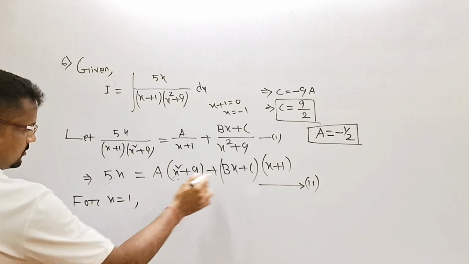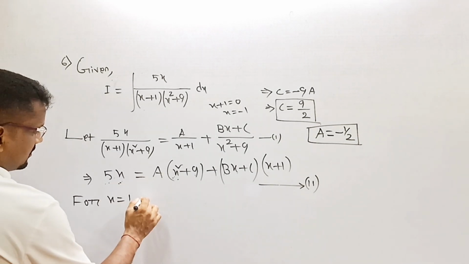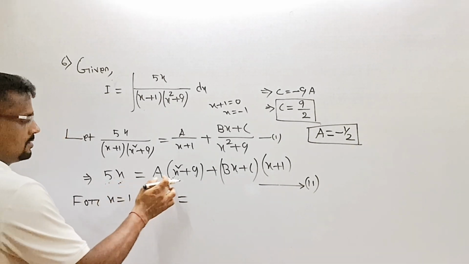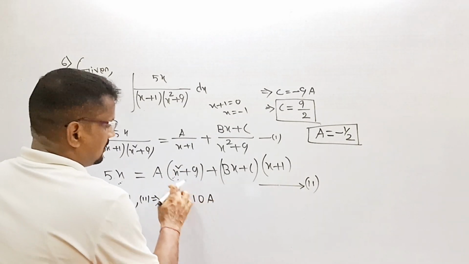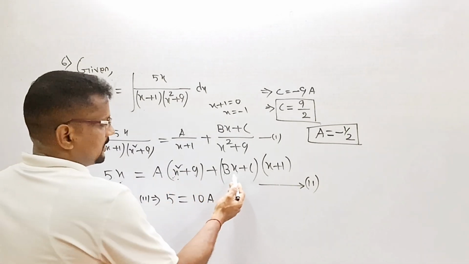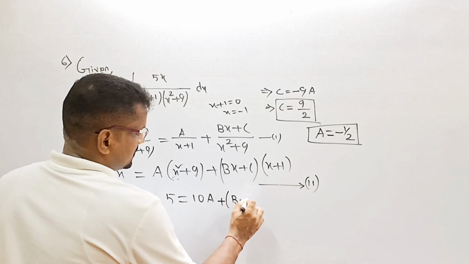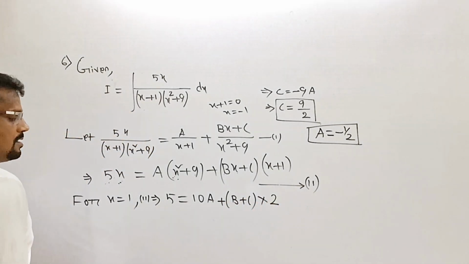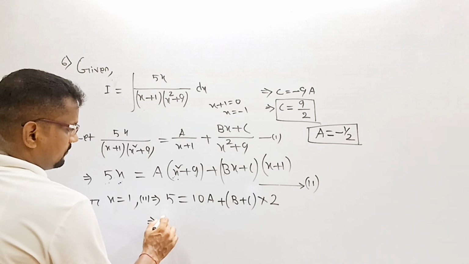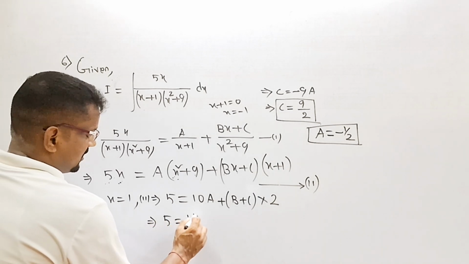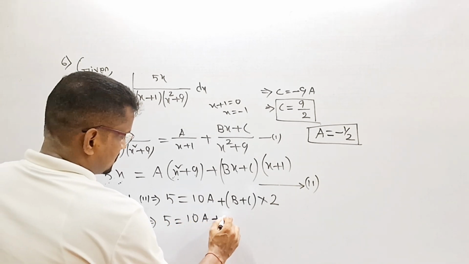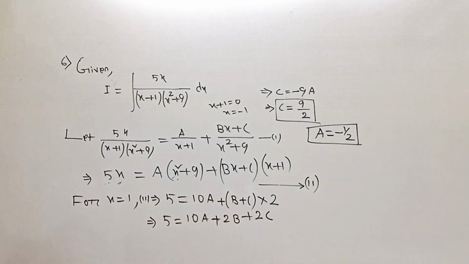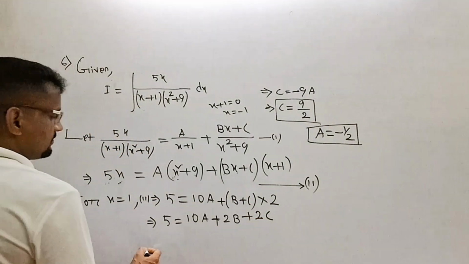Then if you put x equals to 1, it is 5 into 1, it is 10a, 1 plus 9, and x is 1, that will be simply b plus c, and x is 1, that is 2. Now you see, this will give you 5 equals 10a plus 2b plus twice of c.